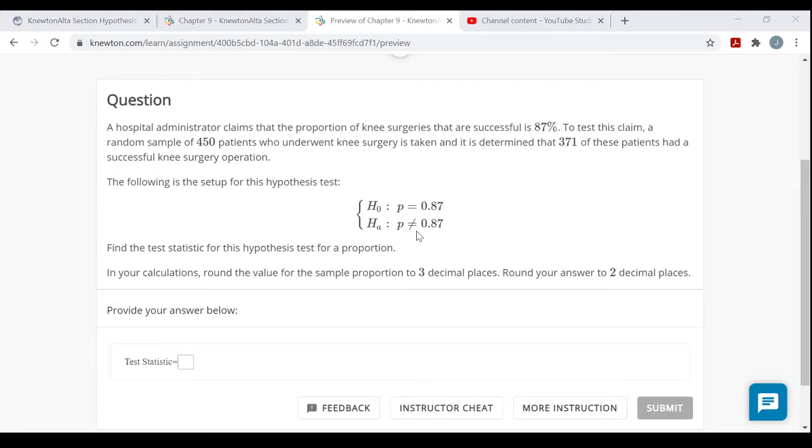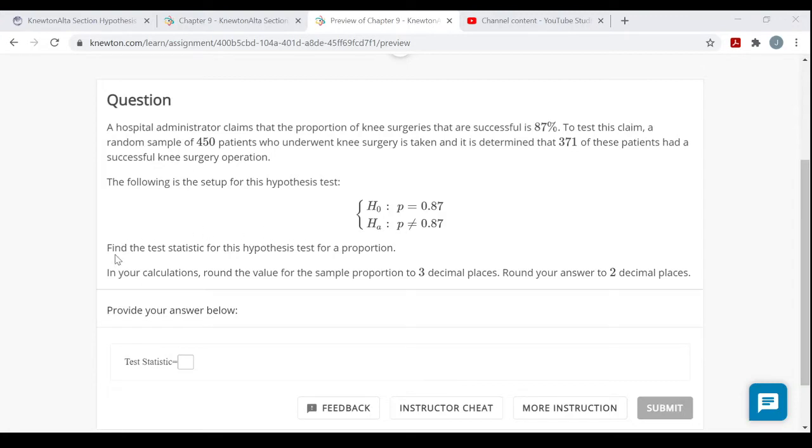And then the alternative hypothesis, remember the null and alternative hypotheses are opposing statements, would be that the proportion is not 87%, or is different from 87%. And this would be considered a two-tailed test. But we'll get into all those steps later.